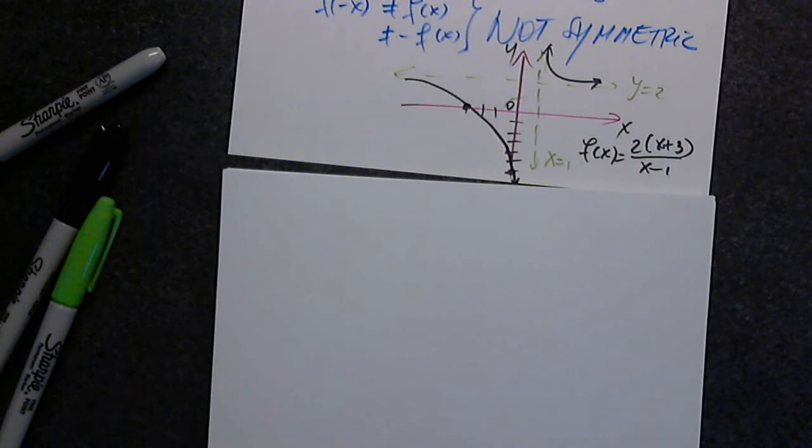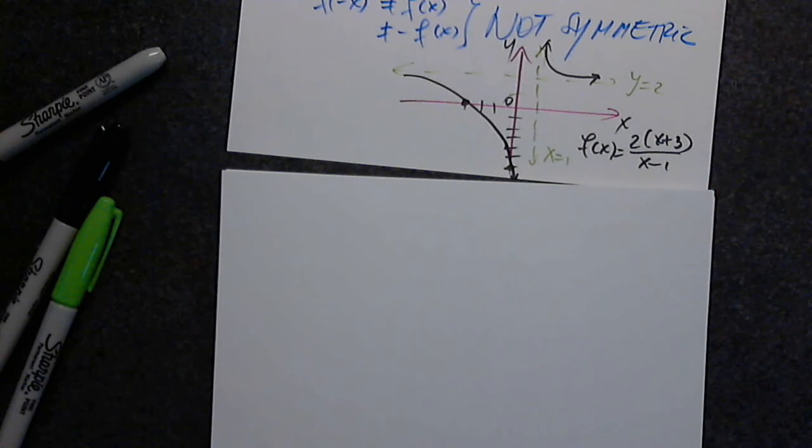Nonlinear systems of equations and inequalities. And then a few questions with sequences. And a word problem from exponential and log with a bacteria or some growth model or radioactive decay model.